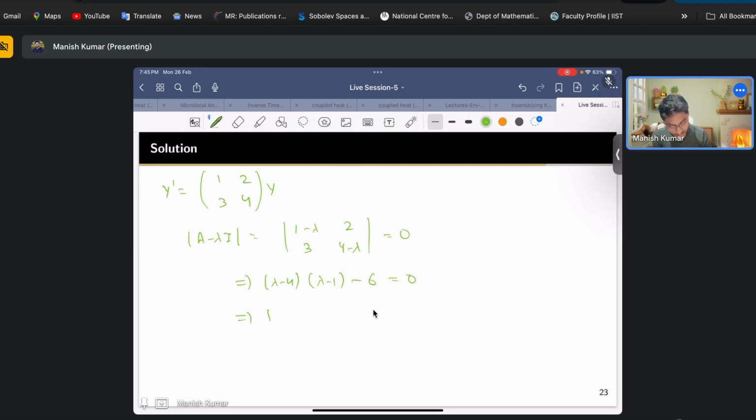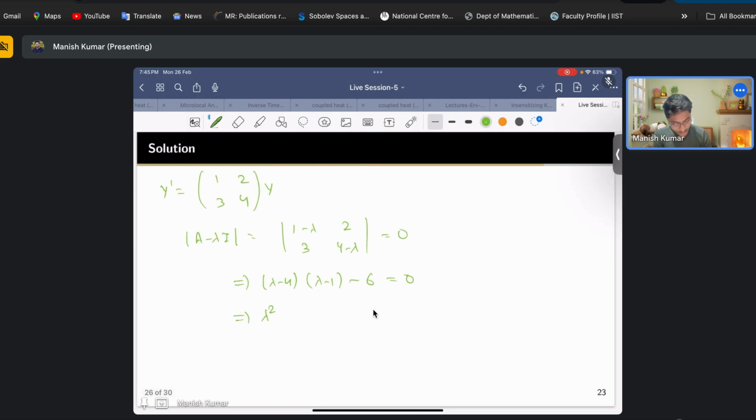It's lambda square, and then you have minus 4 lambda minus lambda, that is minus 5 lambda, and then you have minus 2 equal to 0. So from here you have 5 plus minus root of b square minus 4ac by 2. This is 5 plus minus root 33 by 2, correct?